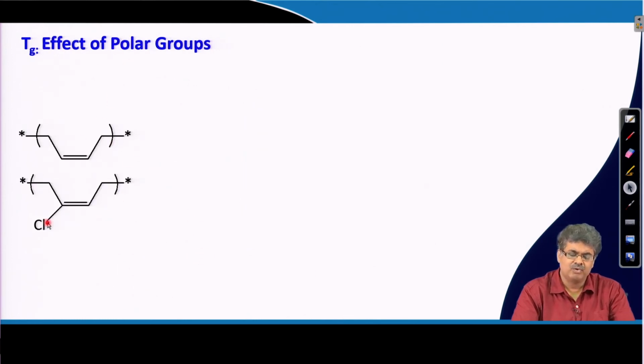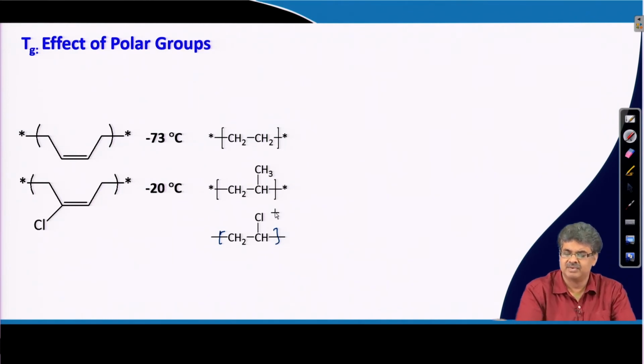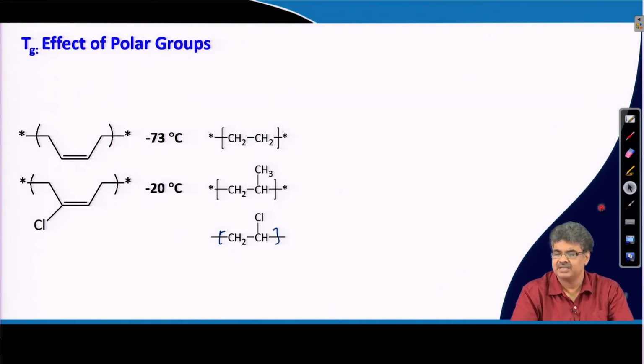Similarly, if we have polar groups, obviously intermolecular interaction between polymer chains goes up, and as a result Tg goes up. If we compare these two, you can see this has a higher Tg, and if you compare these three, obviously the presence of chlorine will increase the intermolecular interaction. As a result, Tg will go up, as seen here.